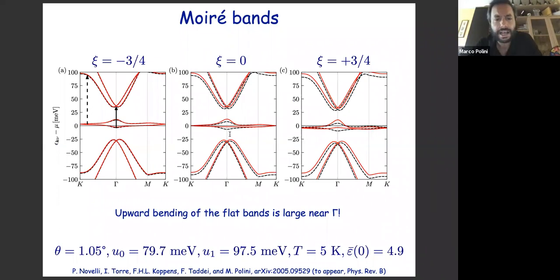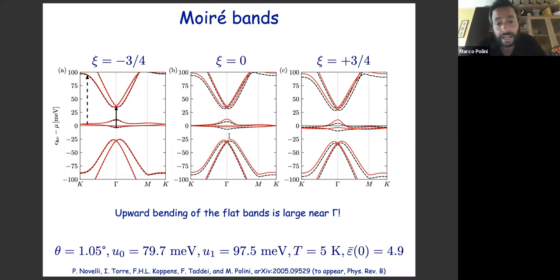You have substantial effects due to rearrangement in real space of the ground state density profile, which has a large impact on the manifold of flat bands, giving you this upward bending that you clearly see here at the gamma point.